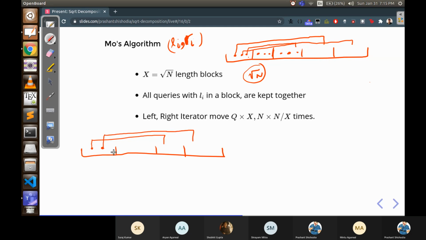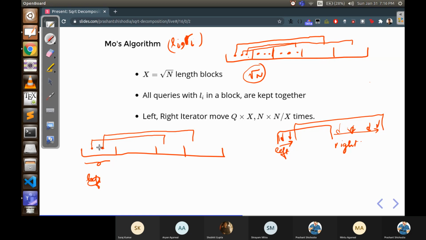So for each block I have the queries sorted by r, right? Whenever I move, I keep two iterators, left and right, that keep track of the segment's left and right. Suppose I have to transform this segment to this: the left iterator moves here and my right iterator moves here, adding all these elements, deleting all these elements.